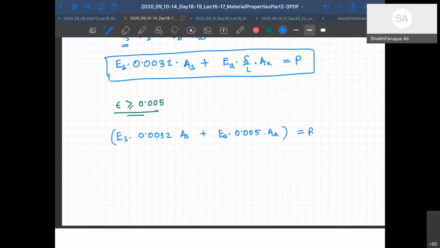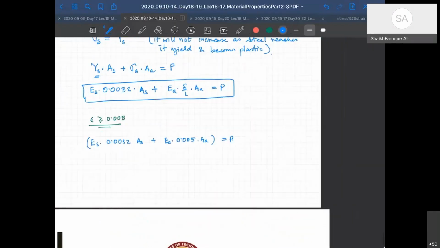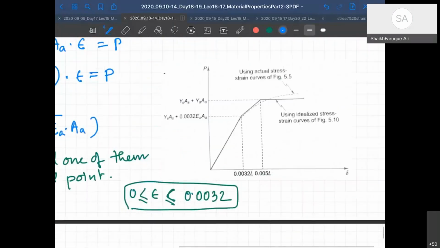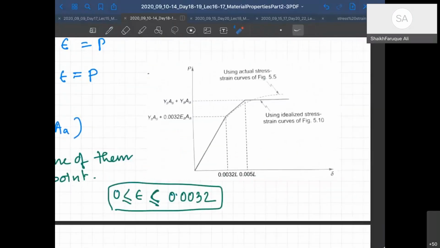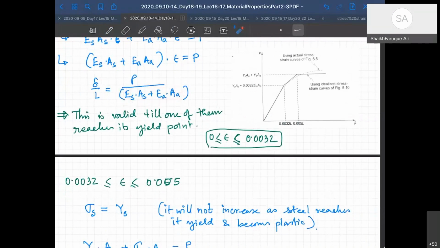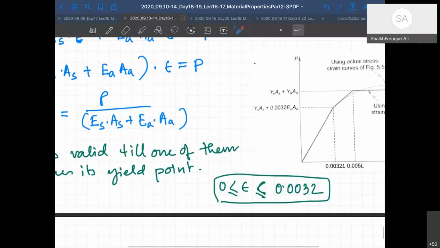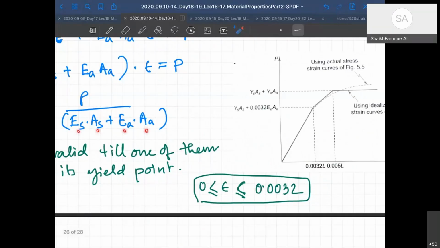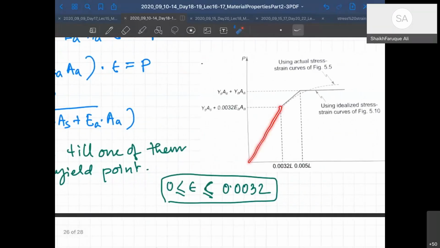Okay. Now, if I draw this diagram, how does the diagram look? It's going to look like this, drawn here. I've taken it from the book. You see, initially, this is P and this is delta. Delta and P are linearly related, right? You can see they are linearly related. ES, AS, EA, AA are constant. So this is linear. After a certain time it will change its curve because one of the parts becomes fixed, but still linear, because this part is still a function of delta.